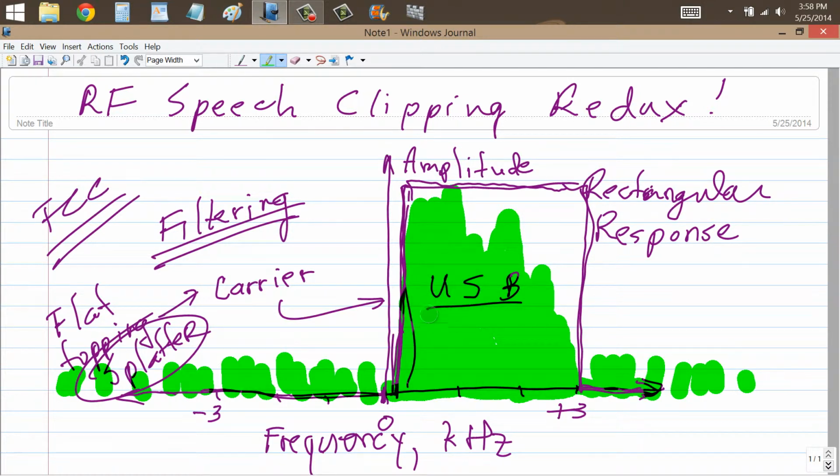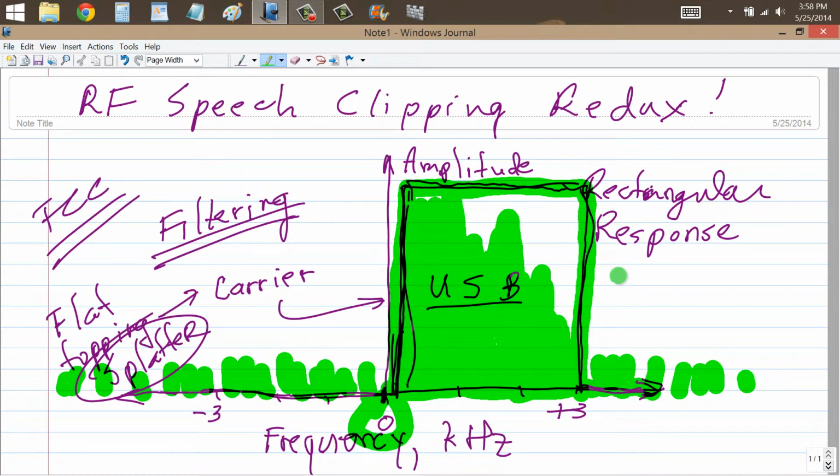This frequency, 0 right here, with respect to the carrier, it might be 3.875 megahertz. And so you would want this energy, which would go from 3.8753 to 3.878 megahertz. You would want that filter to have a response right in that zone.